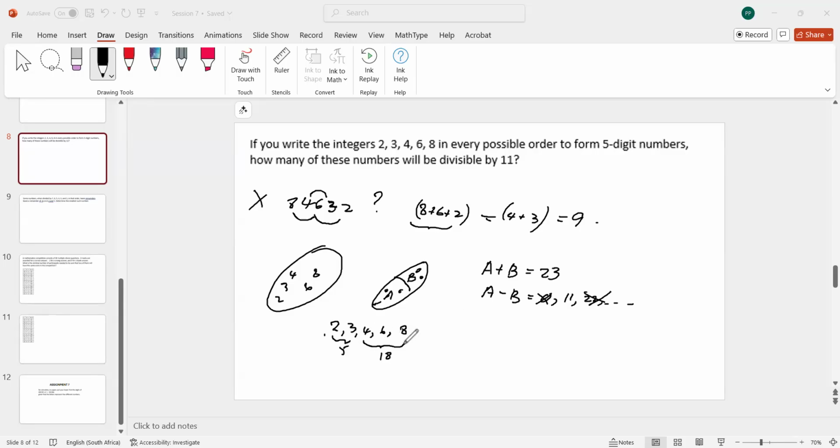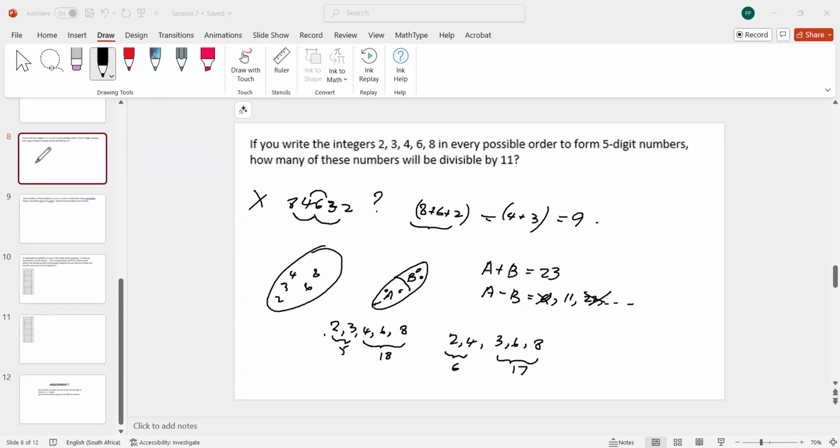So you have to try out all these things, and it turns out that you'll have 2, 4, and then you have 3, 6, 8. See, this is 6, and 9 plus 8 is 17, and 17 minus 6 is 11. So by trial and error, you'll be able to see what B is, which is 2, 4, and what A is, with 3, 6, 8.